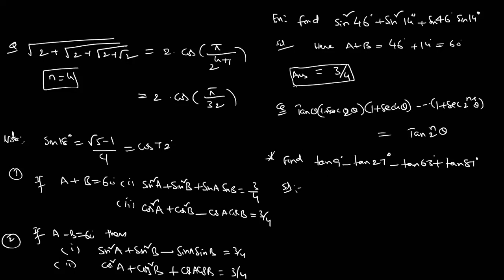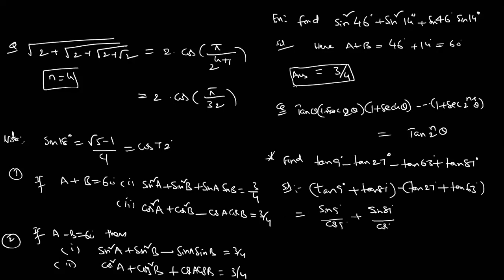So here I'm taking combinations. Tan 9 degrees plus tan 81 minus of tan 27 plus tan 63. Now, dear students, express in terms of sin and cos. What is the answer? Sin 9 by cos 9 plus sin 81 degrees by cos 81 degrees minus of sin 27 by cos 27 plus sin 63 by cos 63.